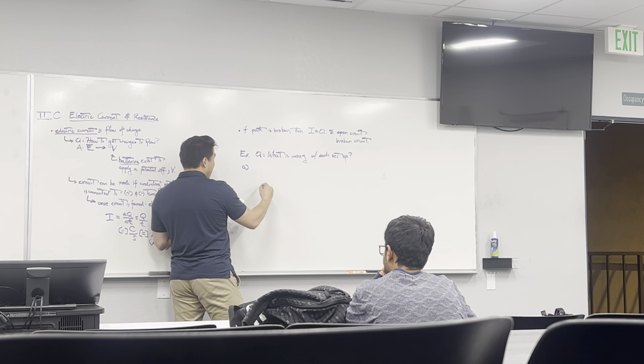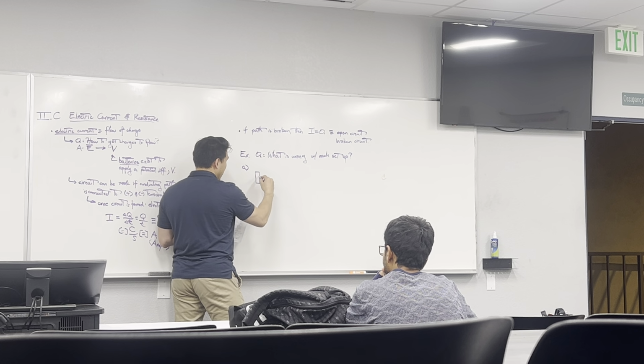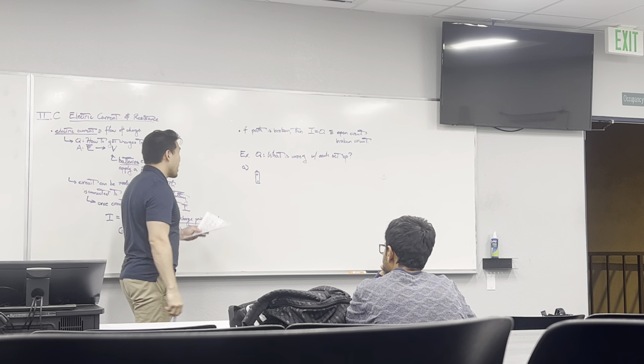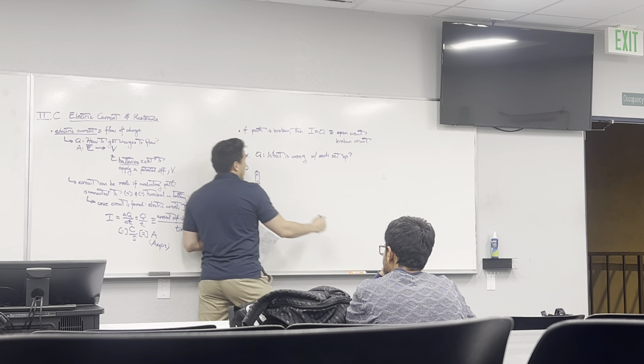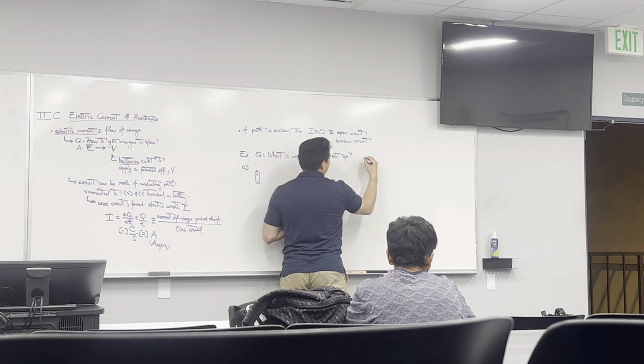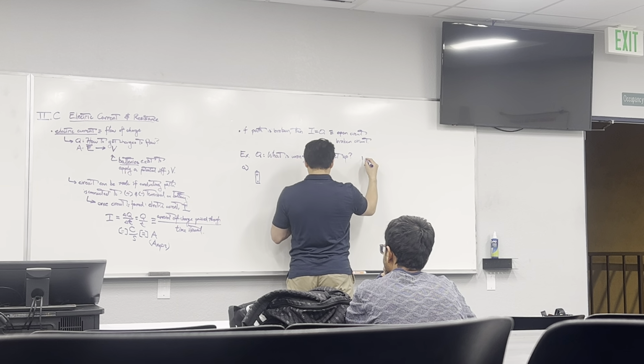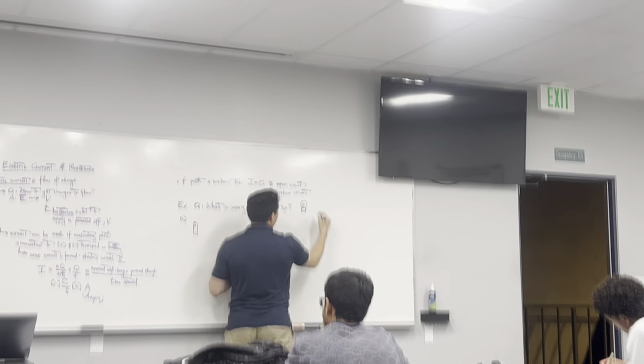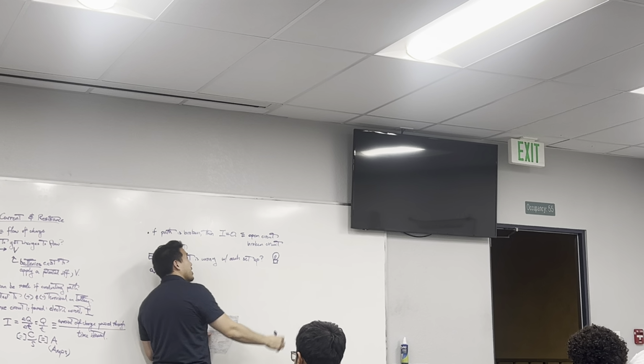In the first scenario, A, we have our battery. We have our positive and the negative terminal. Positive is right here. And here we're going to be using a light bulb that looks like this.